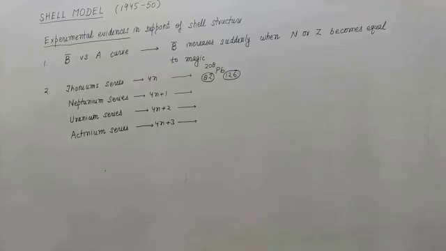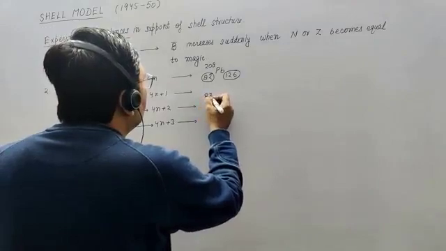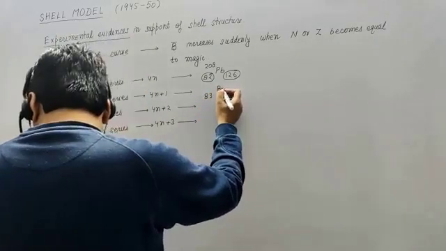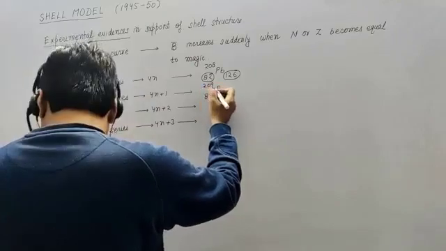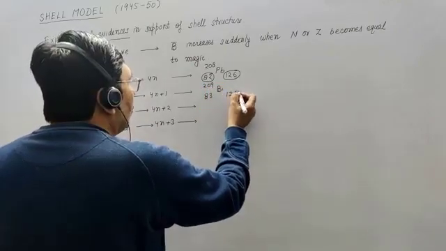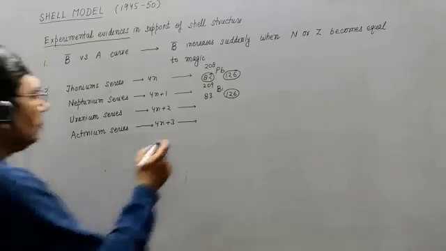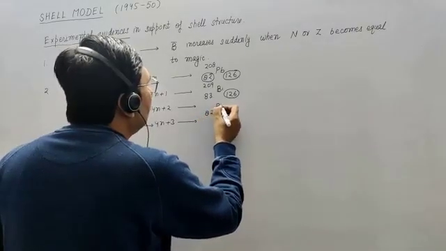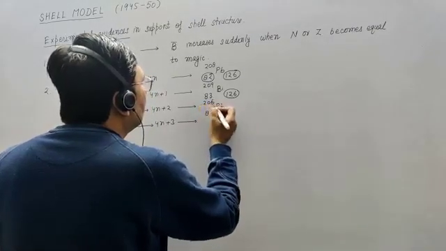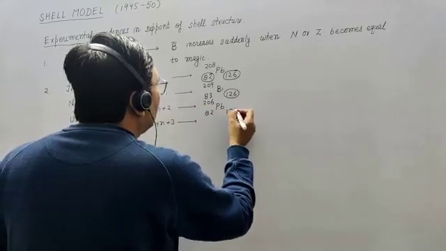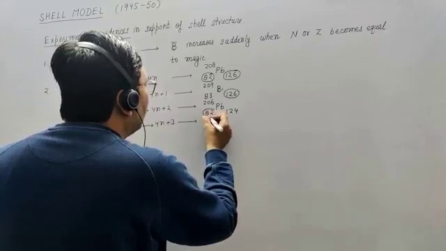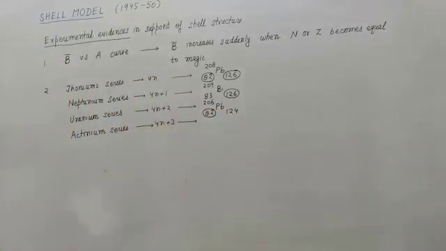The second series terminates at 83Bi209, and the neutron number is 126. 126 is again a magic number. For the uranium series, it is 82Pb206, and the neutron number will be 124. So here 82 is the magic number.